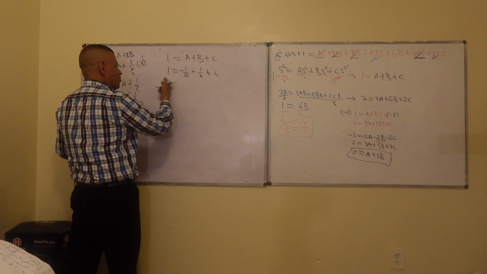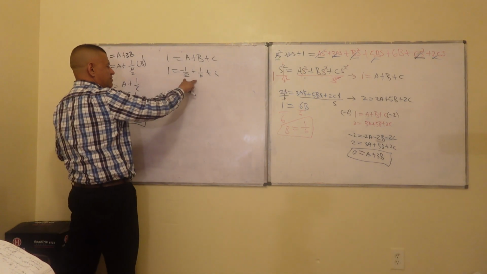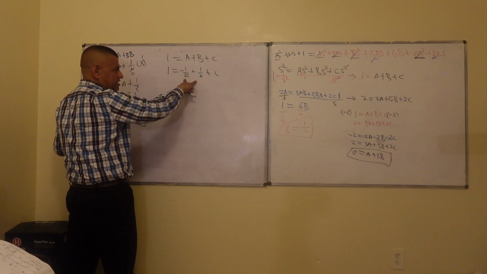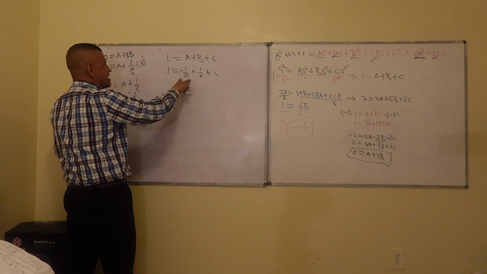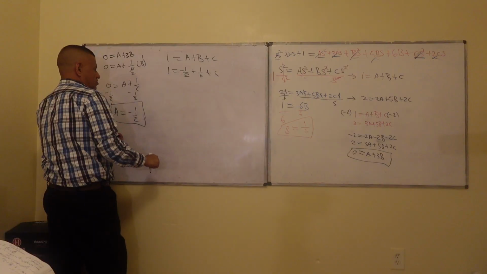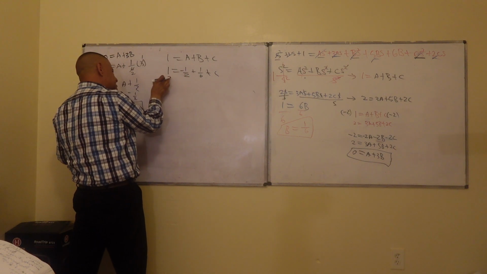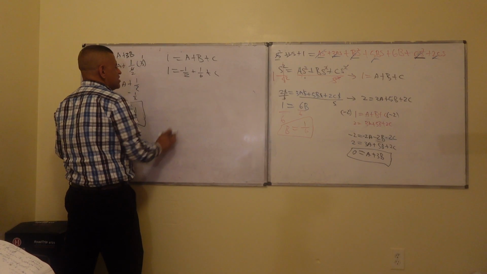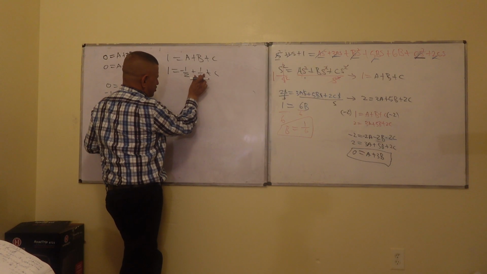So now, what do I have here? I have a common denominator. Now we can talk about denominators and numerators because now we have fractions. So let's find the common denominator. You can solve by moving the whole piece over, or you can find the common denominator, which is 6.